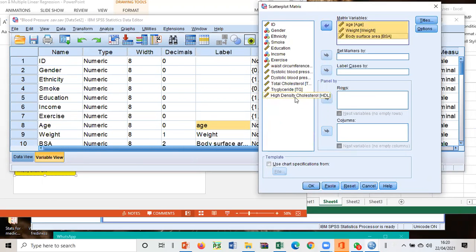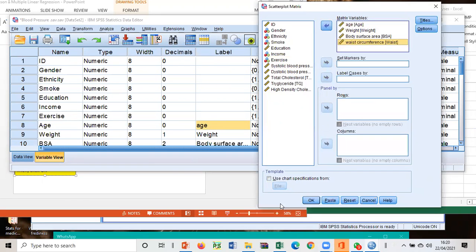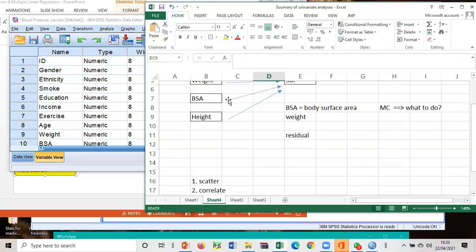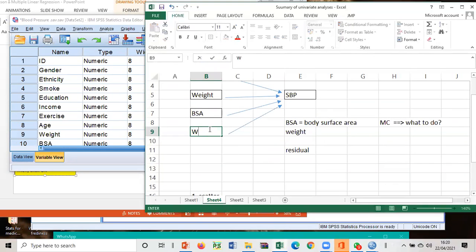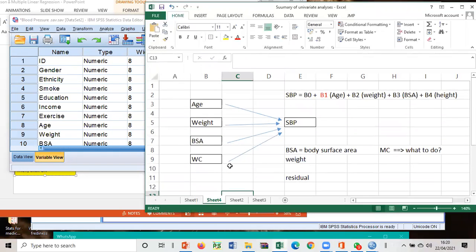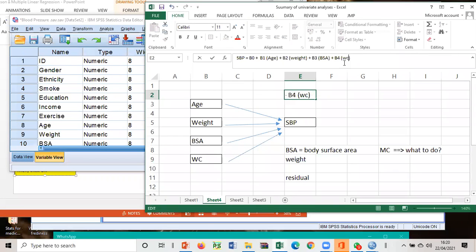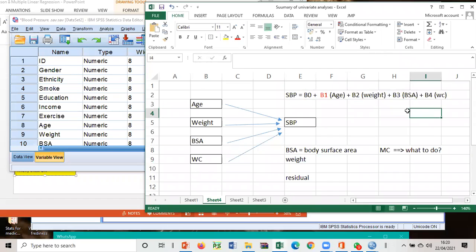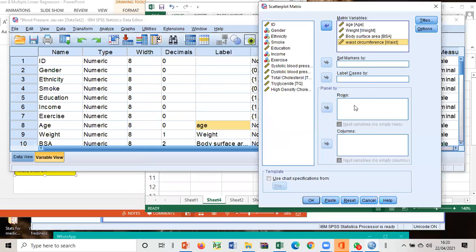Height is not there. Never mind. Use waist circumference. Our model has no height, waist circumference instead. Okay, to do the analysis, just run.